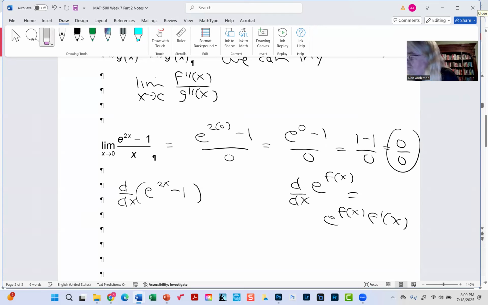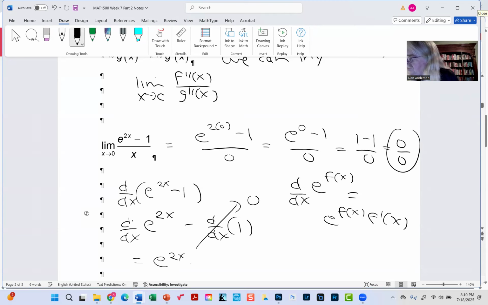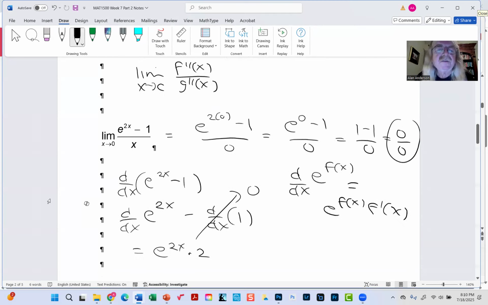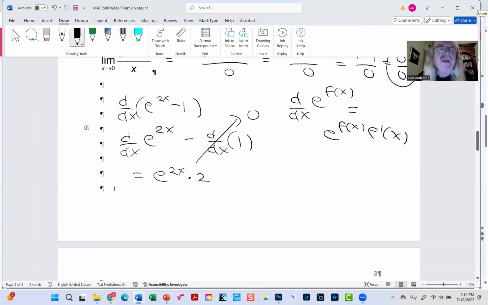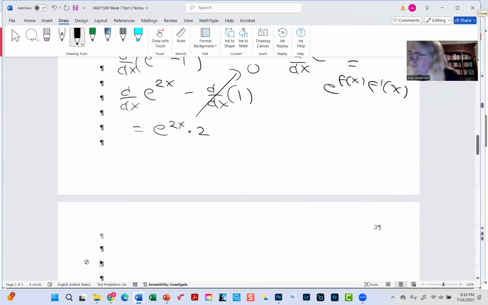Let's do that again. We can break this up into two terms. Now this one just goes to 0. So we end up with e to the 2x times 2 because we're treating that exponent as f of x. So f of x is 2x, and f prime of x must therefore be 2.